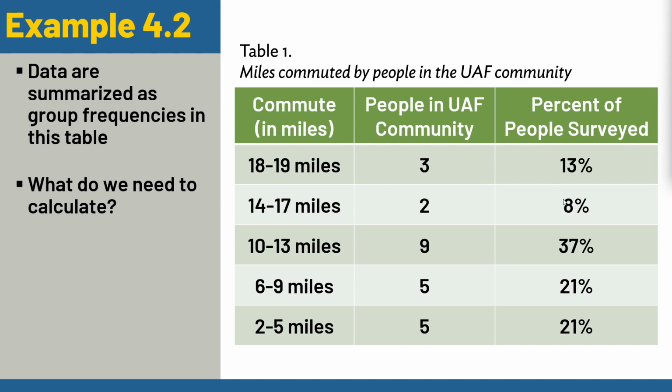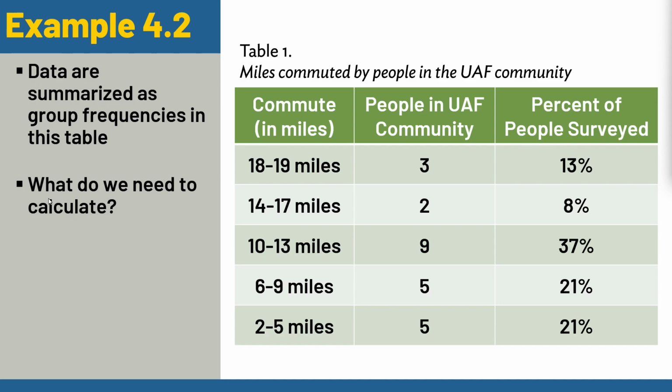We need to calculate some things to estimate that more directly, because we could add these three up: 21 plus 21 is 42, plus 37 is 79. So we could say it's going to be more than 79%, but less than 87%. So between 79 and 87%, somewhere in there.